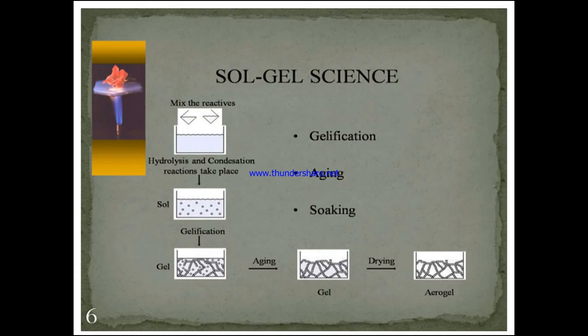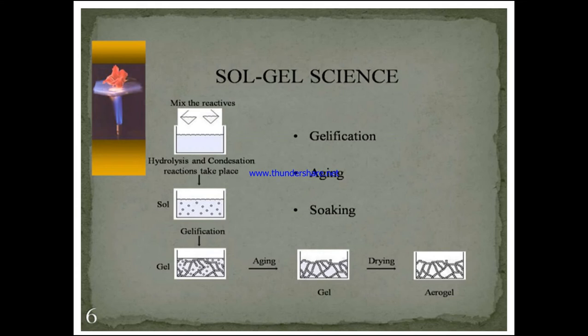In this homogeneous gel, metal-oxygen bond formation takes place by the polymerization reaction, so that the nanomaterial is formed here.